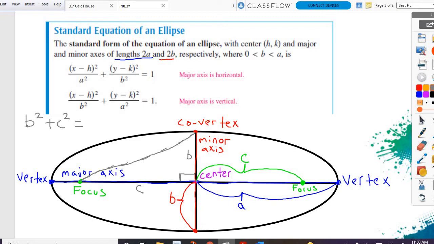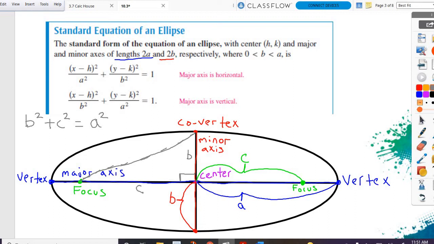Agreed. And then by our Pythagorean theorem, if I take both of my legs and square them and add them together, it's going to equal our hypotenuse squared. Agreed? Yes. Now, for us specifically, your hypotenuse is going to end up being the same distance as A.